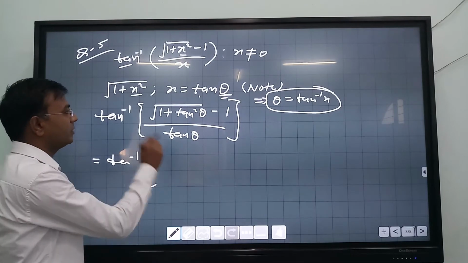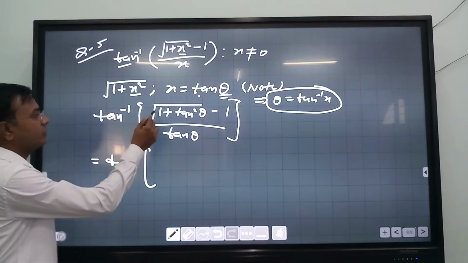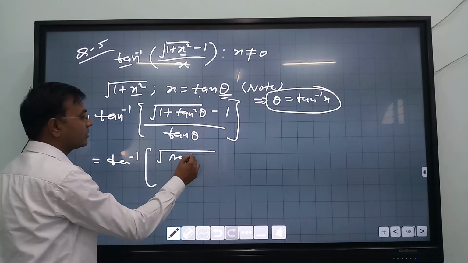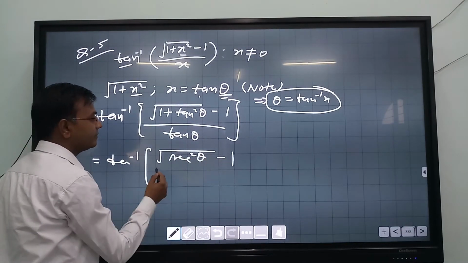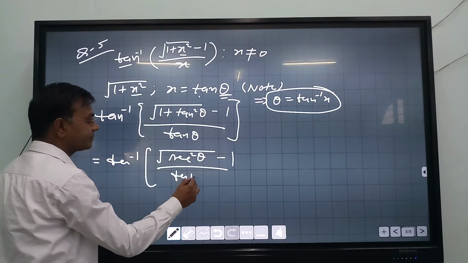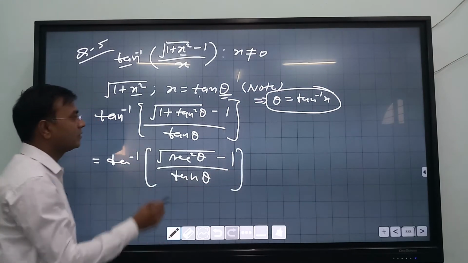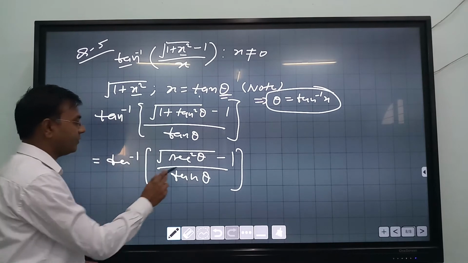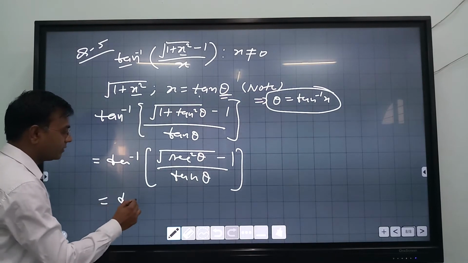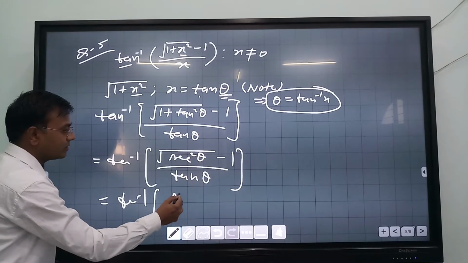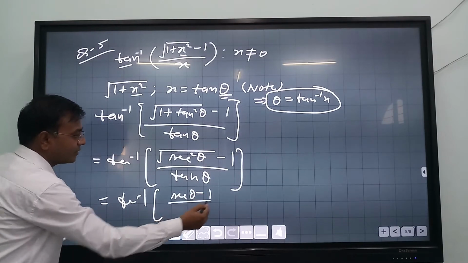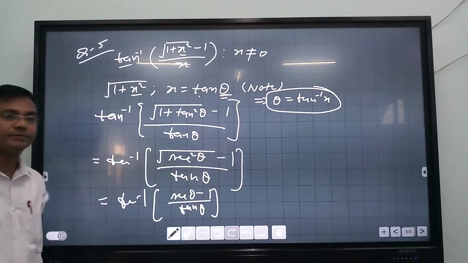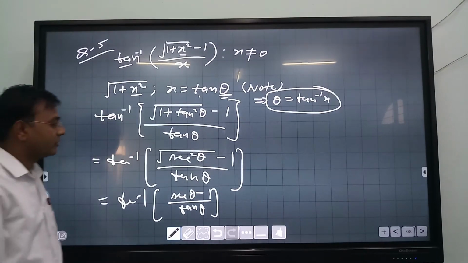Now recall the identity: under root of 1 plus tan square theta equals what? Sec square theta. So 1 plus tan square theta equals sec square theta, and after simplifying we get sec theta minus 1 upon tan theta.